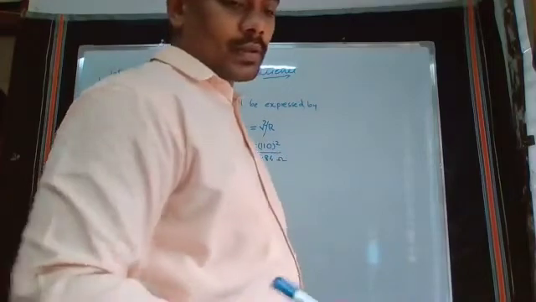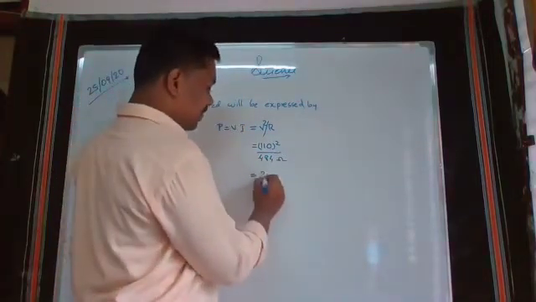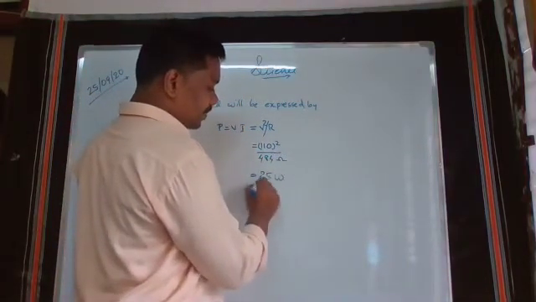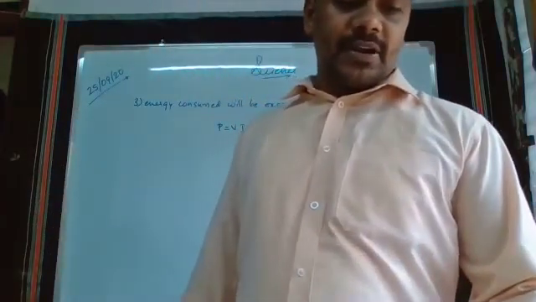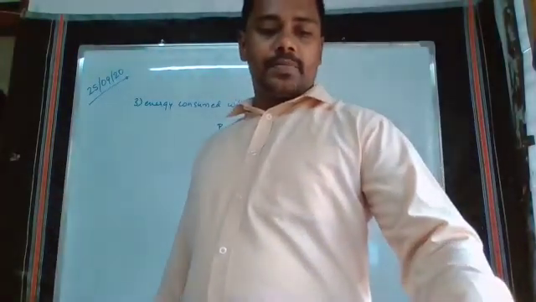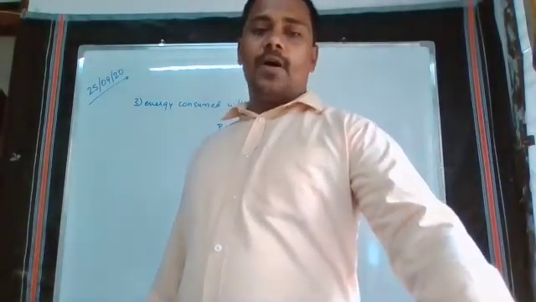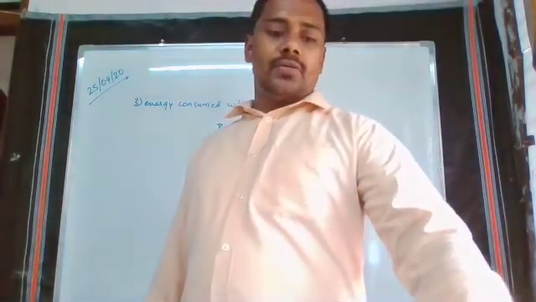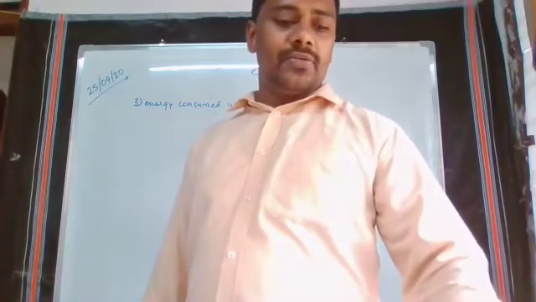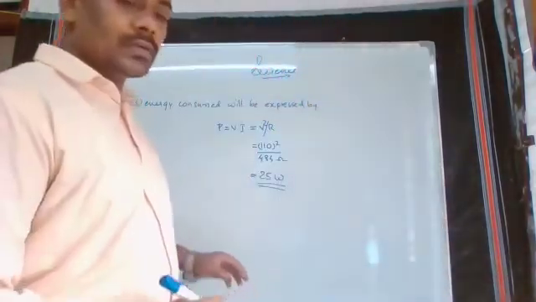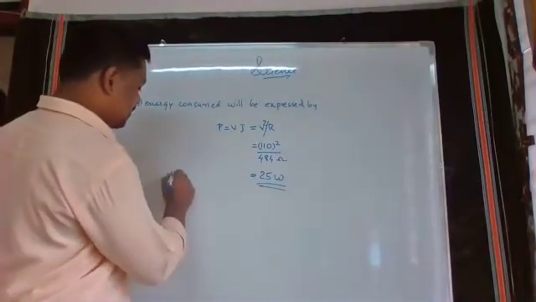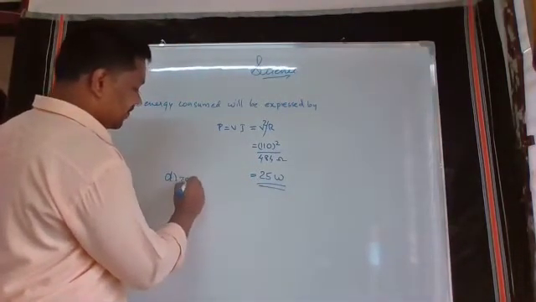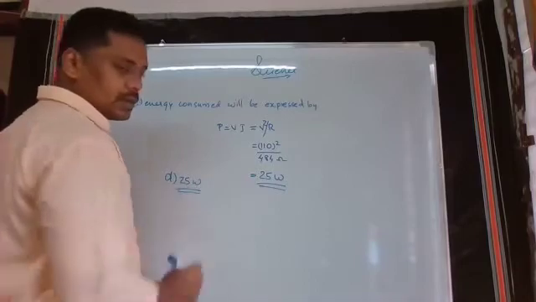Then we will get 25 watt. The power consumed when the bulb operates at 110 volt is 25 watt. So the answer is D, that is 25 watt. Let us go for one more.